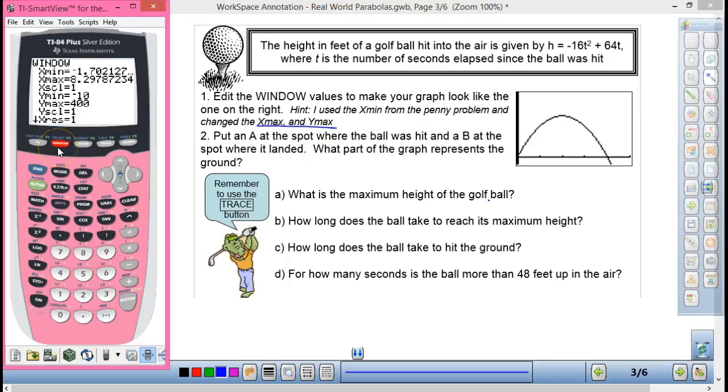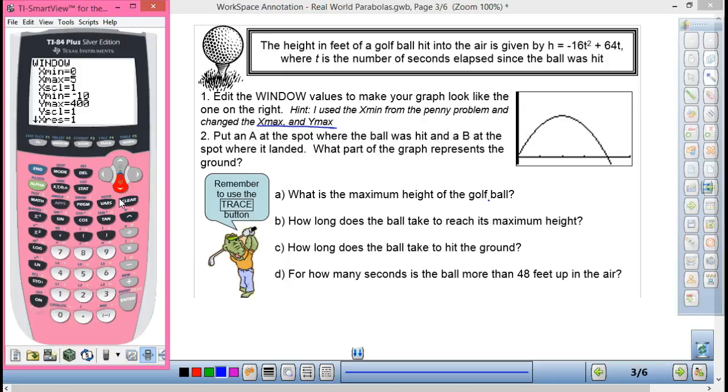If you look at your picture, how many dashes does it have for my x's? 5. So we want that to be 0, and let's change our x max to 5. That's how many are in the picture. Then if you look at your y max, how high do you think you can hit a golf ball?